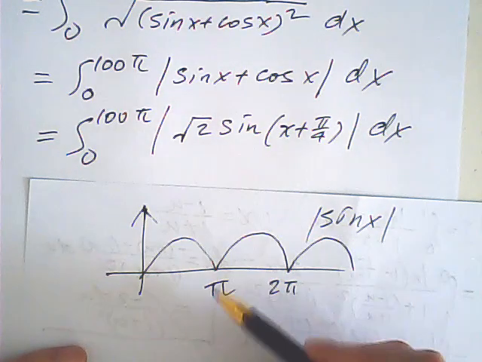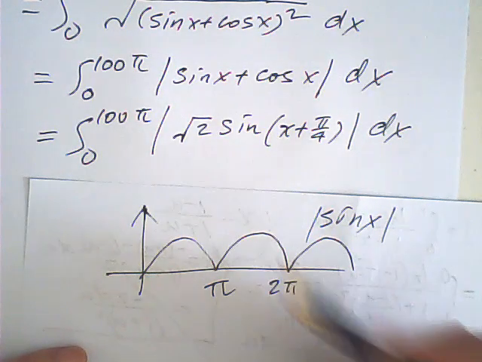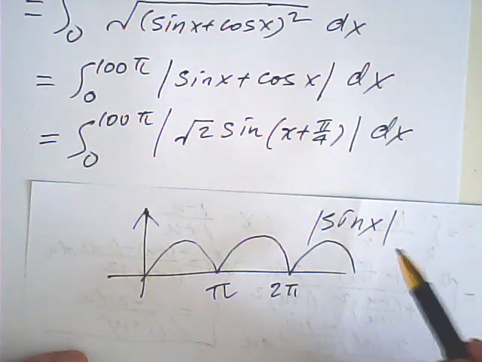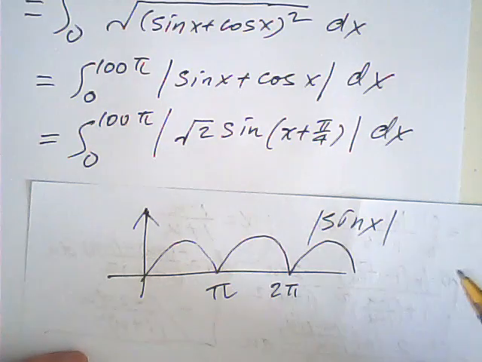Because the negative part flips over to the positive. So the period of this function is pi.